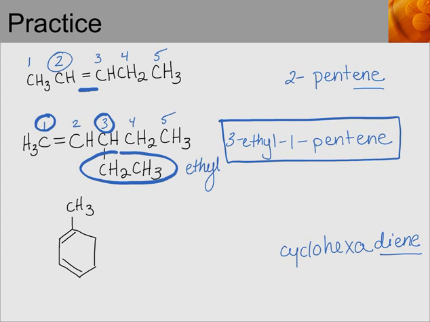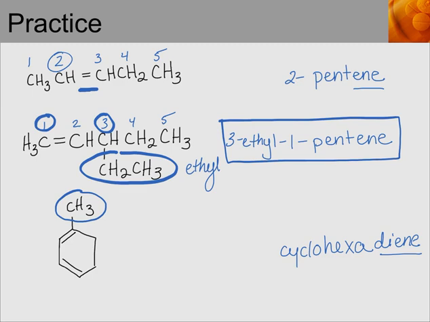Now we also have to tell people, other students or other scientists, where these double bonds are, or else they might end up getting the wrong molecule. So we want to number everything so that our double bonds start at the lowest numbers possible, but we also have a group attached. So we want to make sure that also has the lowest number possible.